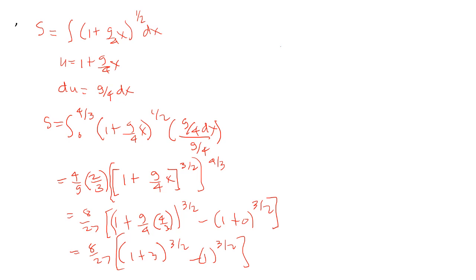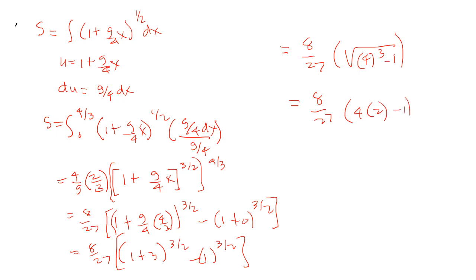Or equivalently 8 over 27 times (square root of 4 cubed minus 1), which equals 8 over 27 times (4 times 2 minus 1), which equals 56 over 27.